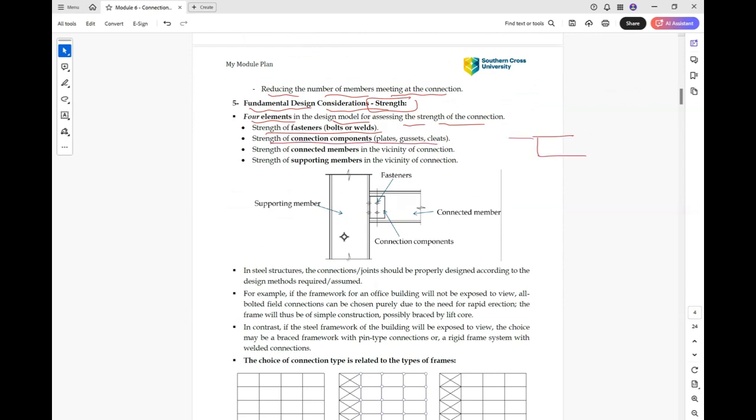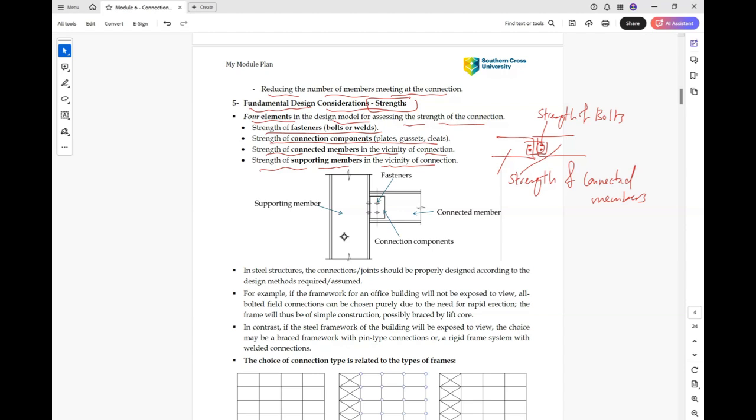For example, if you have 2 members connected, you have the strength of the bolts themselves, strength of the members connected, and strength of connected members in the vicinity of the connection, strength of the supporting member in the vicinity of the connection. So all this needs to be checked.